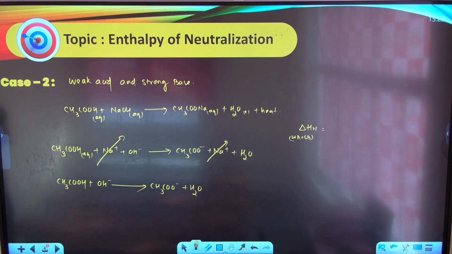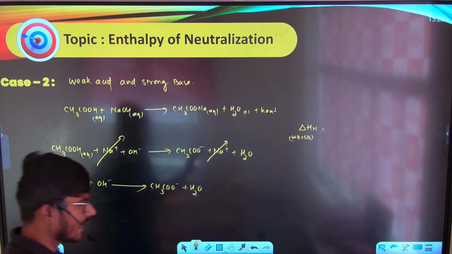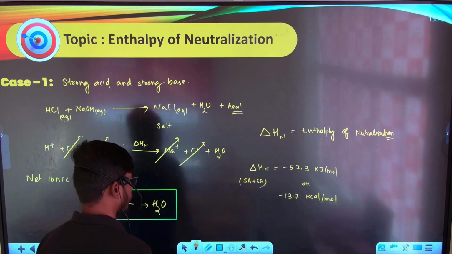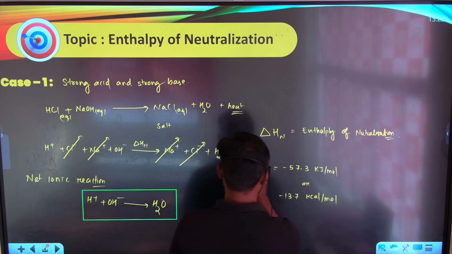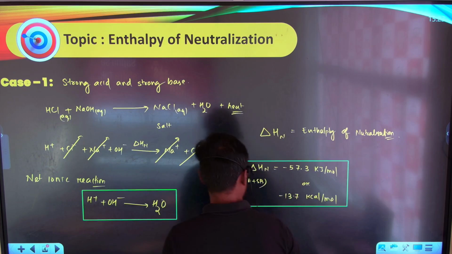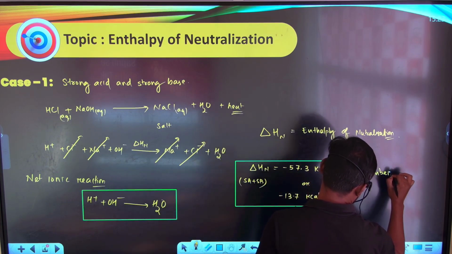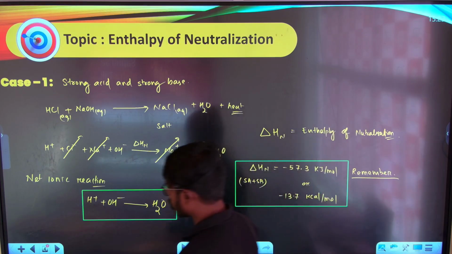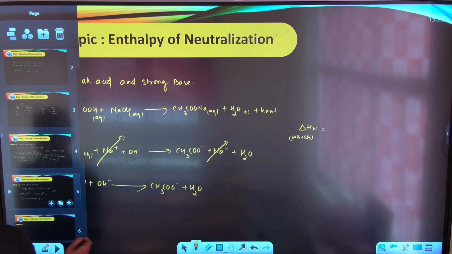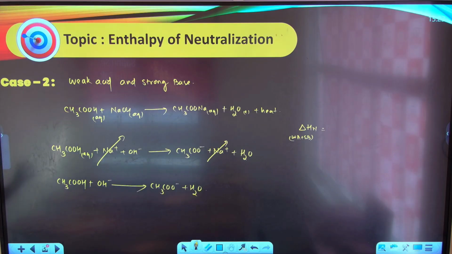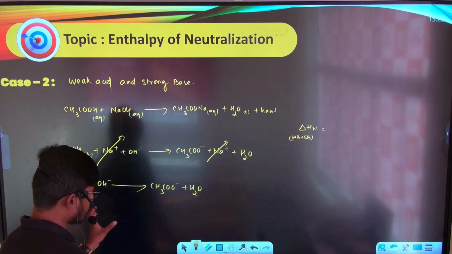Because if we standardize everything, then we have to remember only these two values. But we cannot remember these values for each and every reaction, for acetic acid, for ammonium hydroxide. So we have to make this look like that only.